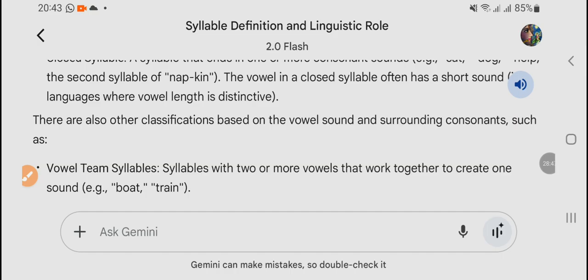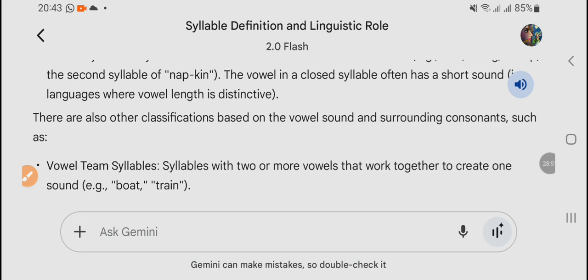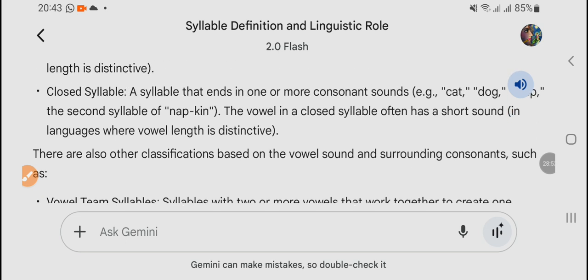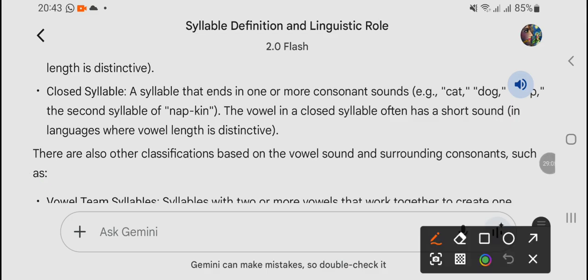The vowel in a closed syllable often has a short sound, in languages where vowel length is distinctive. For example, here, cat. So it's not caat, it's not doog, it's cat.